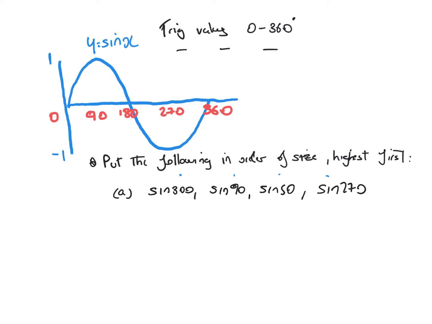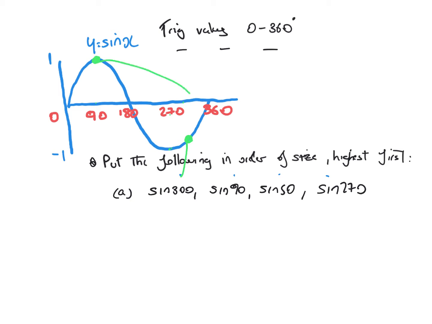So I'm going to first of all mark sine 300. Well, there's sine 270 down there. So sine 300 might be a bit there, so I'm going to mark in a dot there. Okay, that's sine 300. Now I'm going to mark in sine 90. So we'll go along to 90 up to the curve.